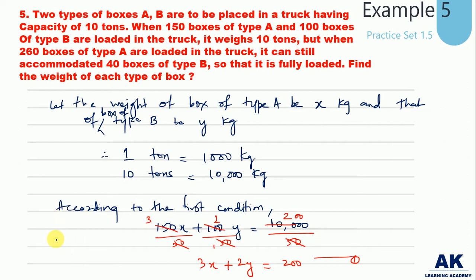Now, according to the second condition, 260x plus 40y is equal to 10,000, right?